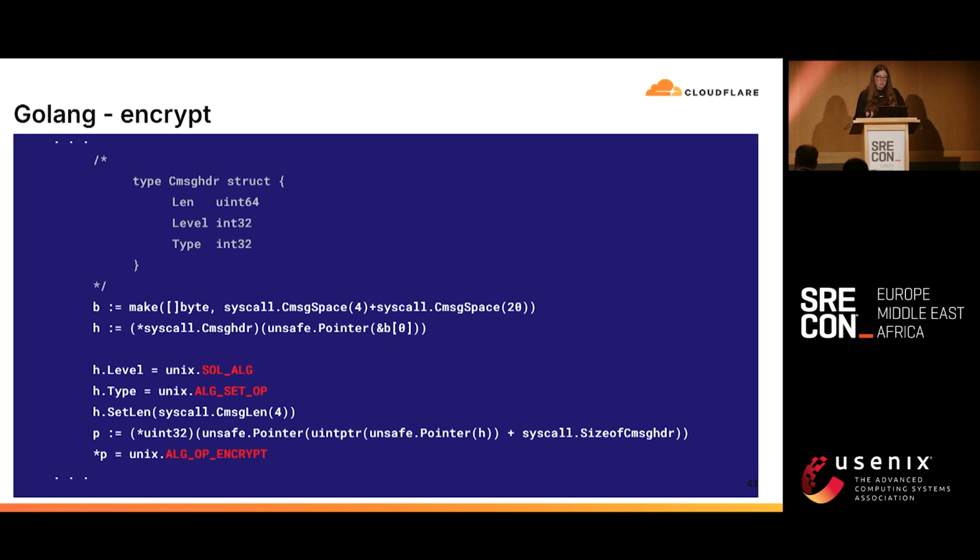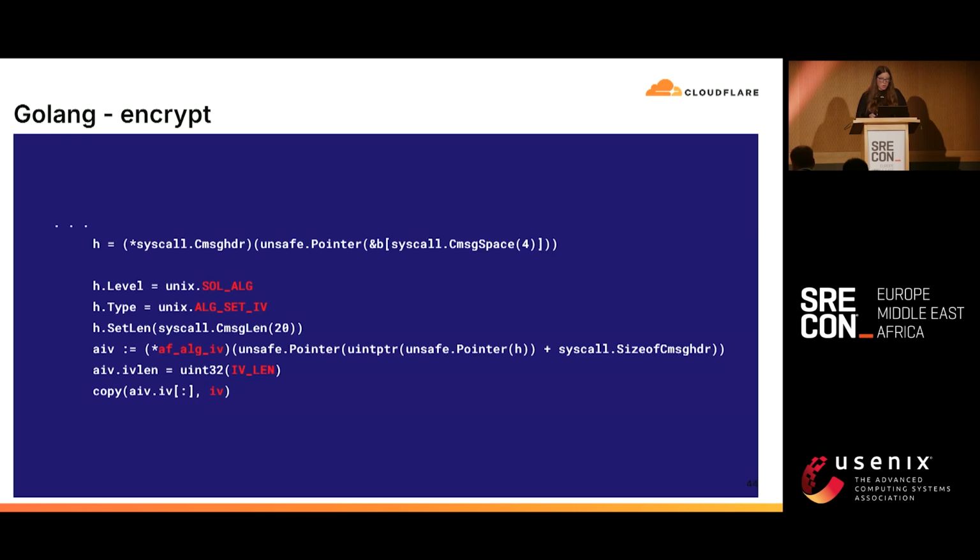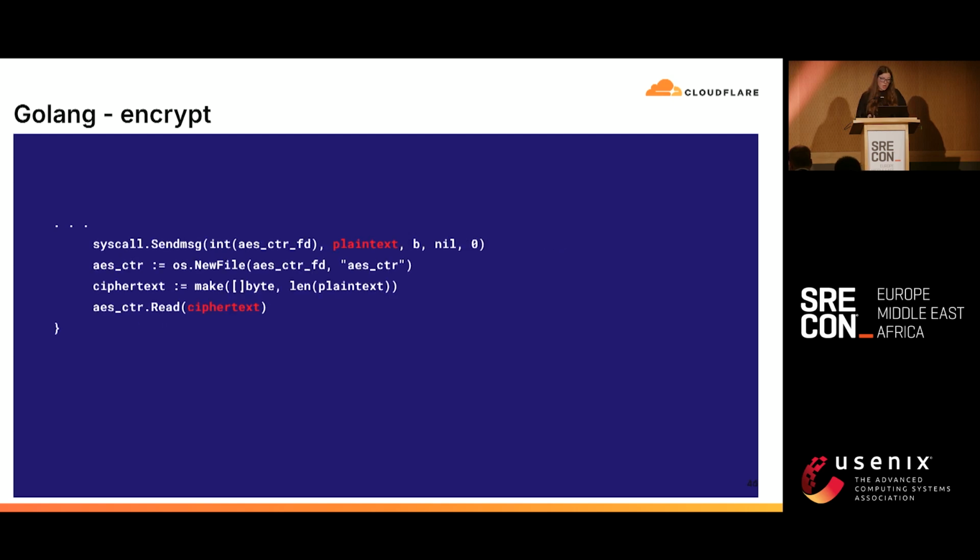These two auxiliary parameters, the first one being the type of operation, are provided through the structure cmsghdr. Again, it's from the kernel requirements. You just fill this structure. After that you set the IV, again through the same structure, and we are ready to exchange data with the Linux kernel. So we are sending plain text, and we are getting ciphertext in response.